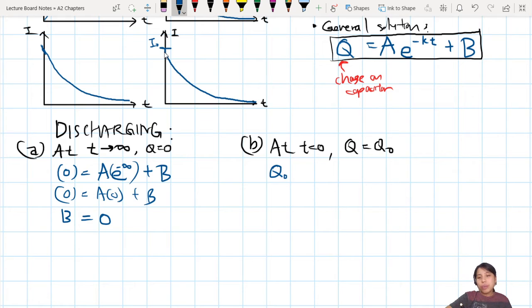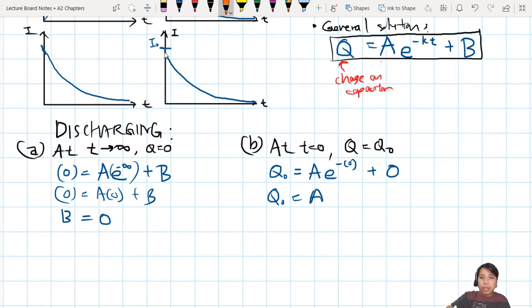So Q0 equals A e to the negative 0 plus, what is B? B just now is 0. So many 0s, I like it. So 0 is gone. E to the power of 0 is what? Press calculator if you're not sure. E to the power of 0 is 1. So all you have left is just Q0 equals A. That's it. So we have found our constants.